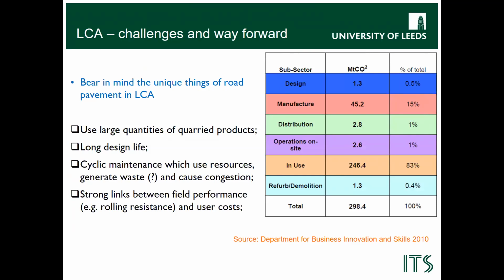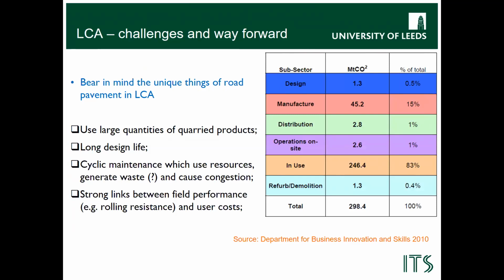They test the rolling resistance of vehicles running on different types of pavement, and eventually they link the rolling resistance to the fuel consumption. So we don't have to reinvent the wheel, but we need to think of a way to integrate their findings into our LCA study.